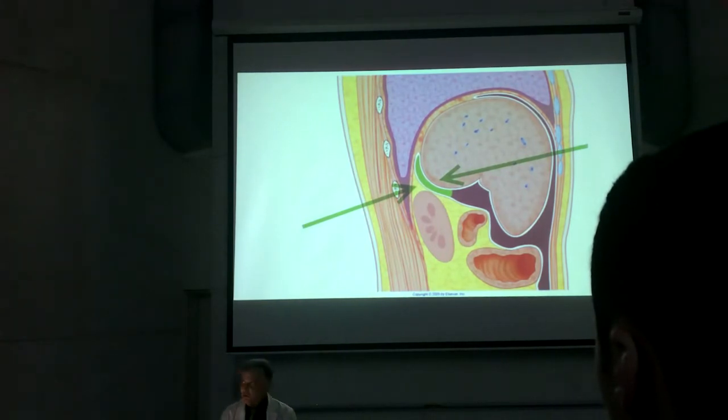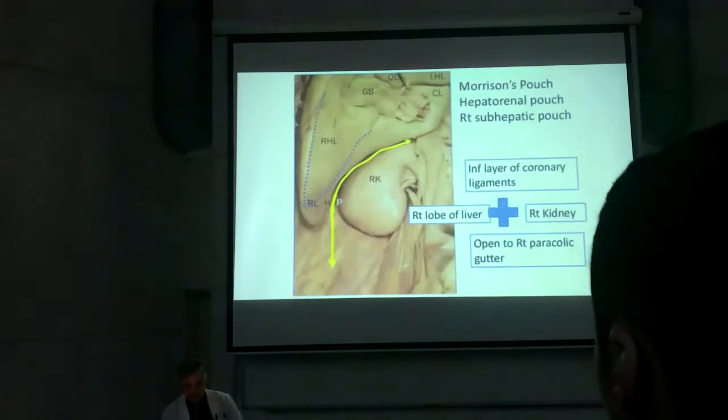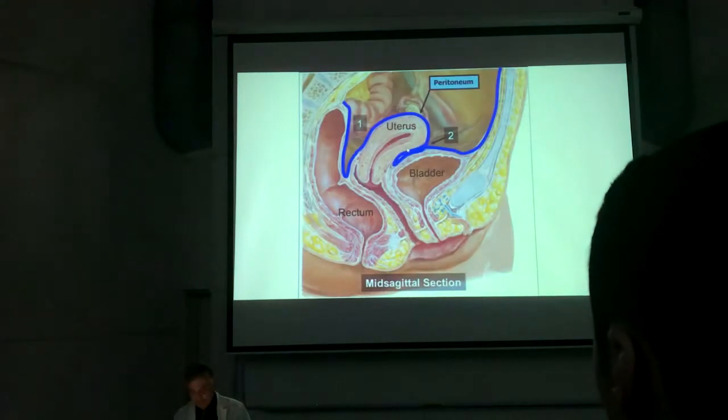So you have to know and clean these spaces, especially Morrison's pouch, because it is hard to get to. This is the liver, this is the right kidney, and the fluid will come and occupy this Morrison's pouch. Be sure that there is a question in the exam about Morrison's pouch.